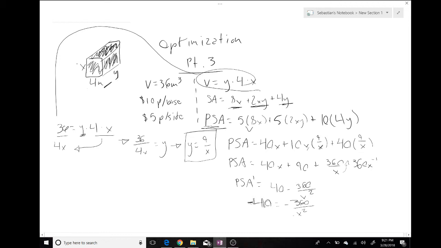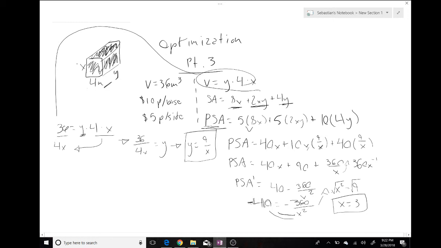We will basically switch the x squared and the 40, which will give us x squared equals 9, because 360 divided by 40 equals 9, and giving us x equals 3 when you take the square root of each one.